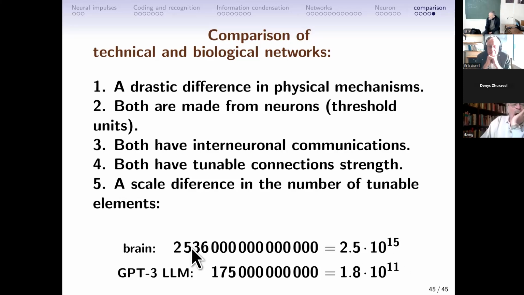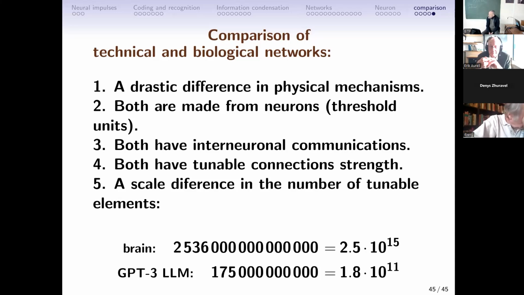The contemporary, most modern large language model is advertised as having 175 billion tunable elements. And in the biological network, each interneuronal connection, known as a synapse, is a tunable one.